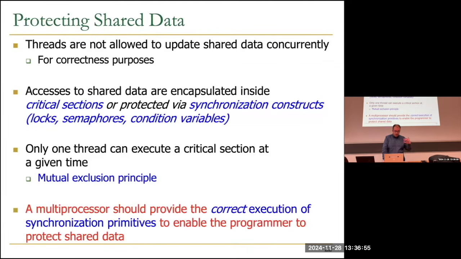So a multiprocessor should provide a correct execution of synchronization primitives, like locks, to enable the program to protect shared data. So you need to provide good support for these synchronization primitives in the hardware.